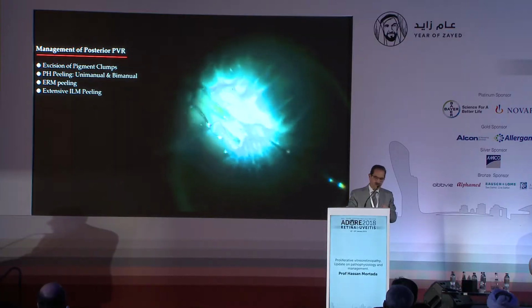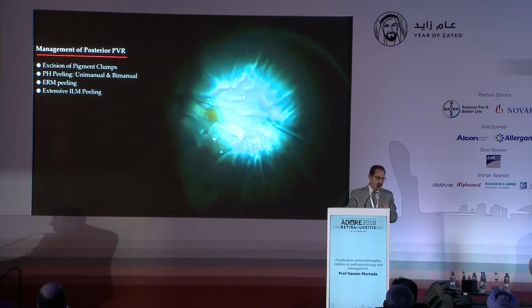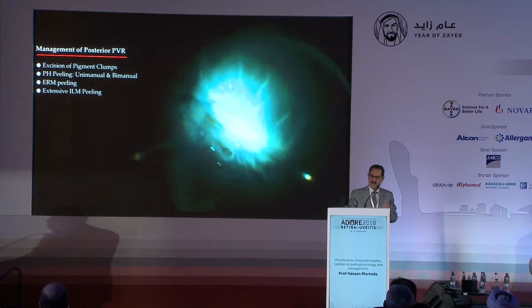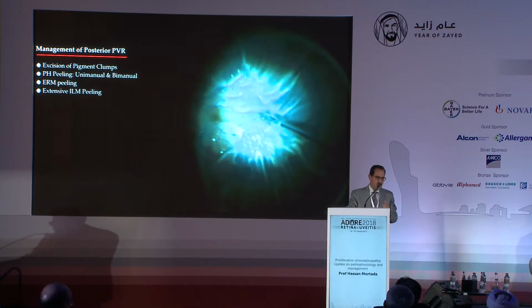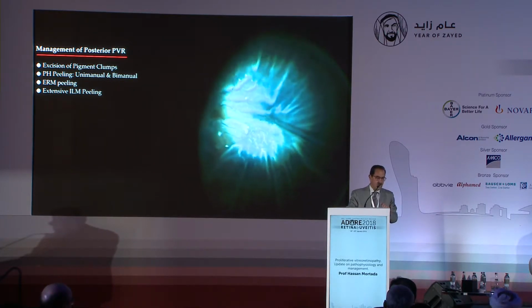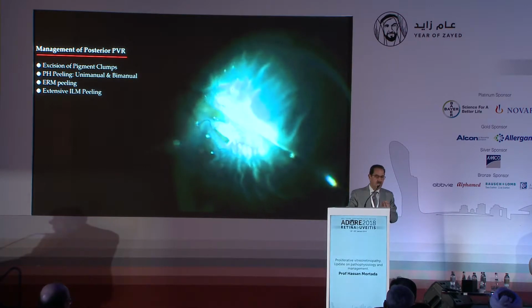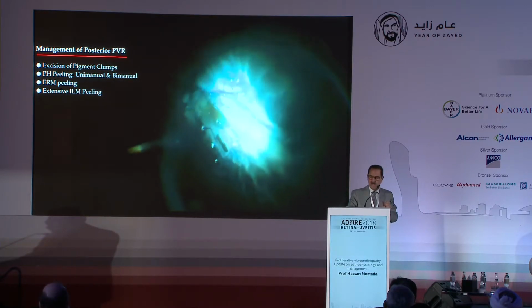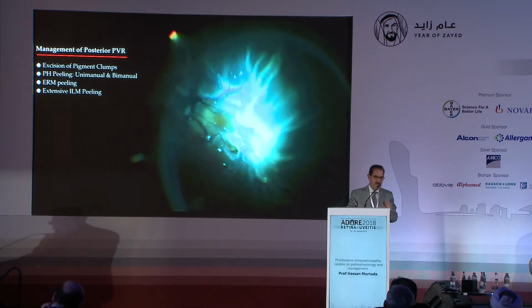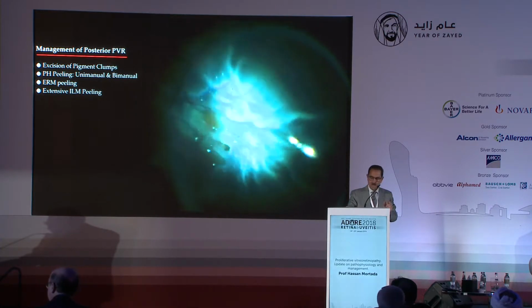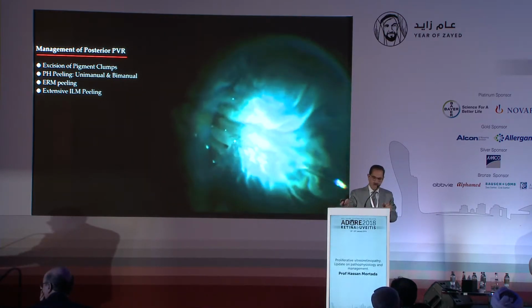Some of these membranes come with the internal limiting membrane, as proved histologically in many studies. But this is continued until you relieve the traction over the posterior pole. Before that, you cannot inject PFCL, otherwise the heavy liquid will pass through the posterior break into the subretinal space.